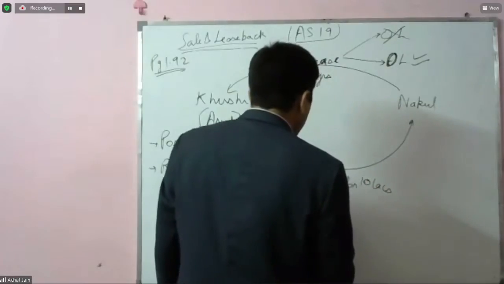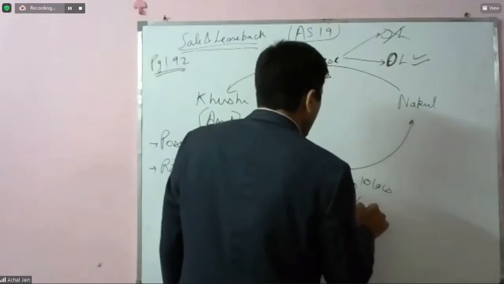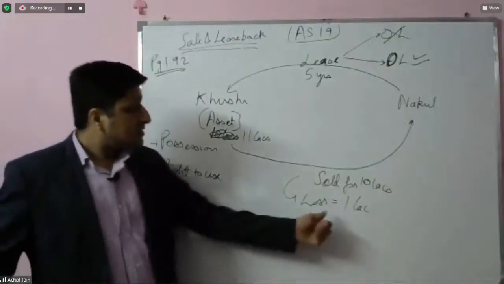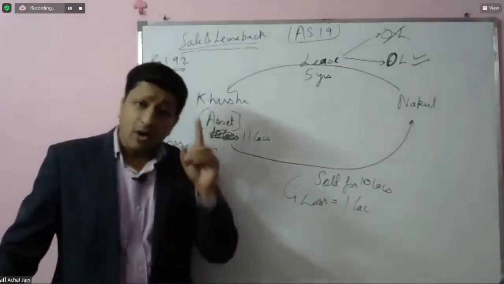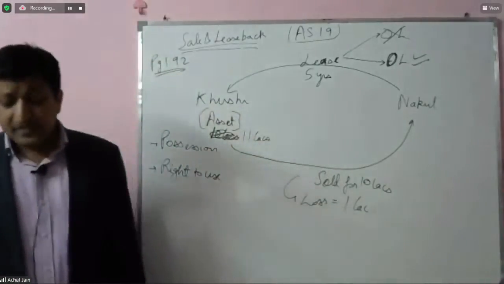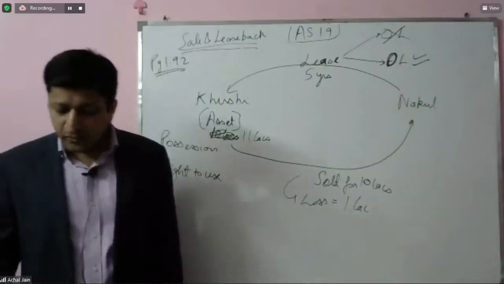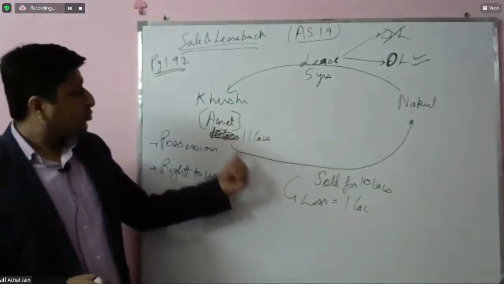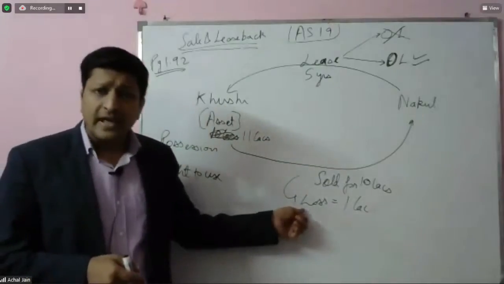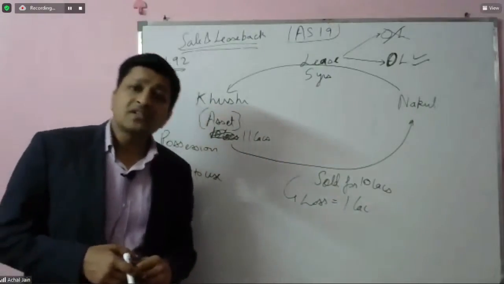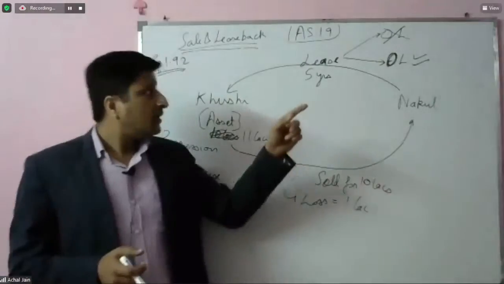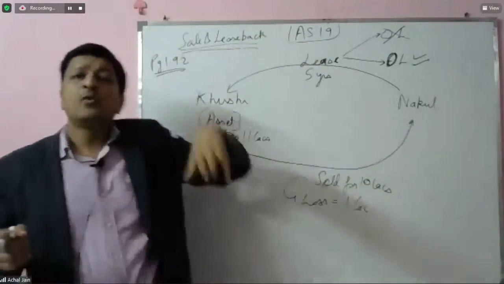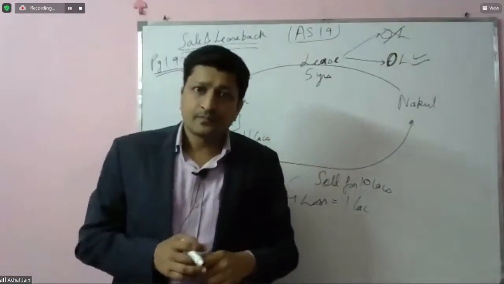So there's a loss of 1 lakh. Correct? Now, this loss should be recognized immediately. However, if this loss is compensated by future lease payments at below market price, now, even though Kushi incurred a loss of 1 lakh over here, what's the arrangement between Kushi and Nakul? That the lease payments over here are below market prices.